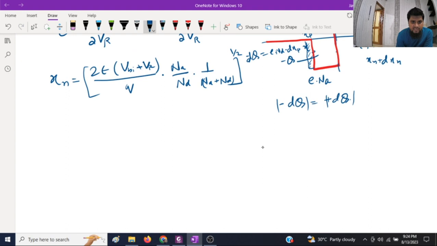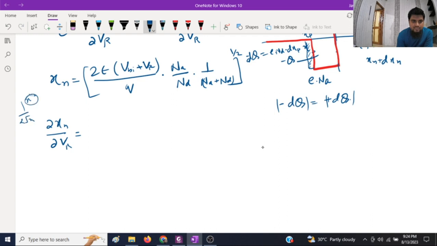Now we can find del xn by del Vr, right? Because it is the root over here, you can write it as x to the power 1 by 2, so the derivative goes 1 by 2 root x.